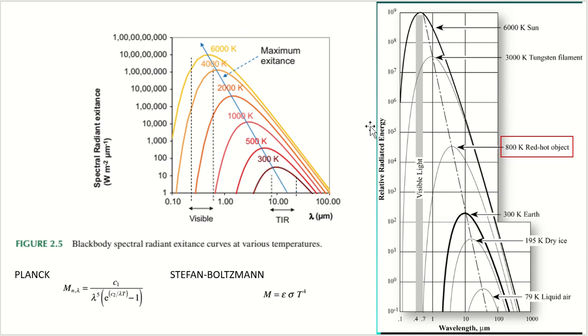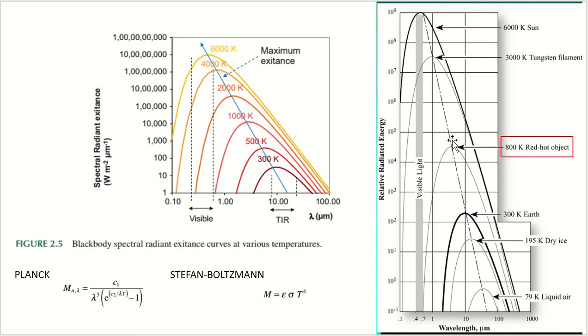Now, I found another version of this figure right here on the right, showing the same thing, except it has a few more labels. So the sun is labeled, Earth is labeled, things that are colder than the surface of the Earth are labeled. They would just be on a continuation of that, with lower radiant exitance and a longer peak wavelength.